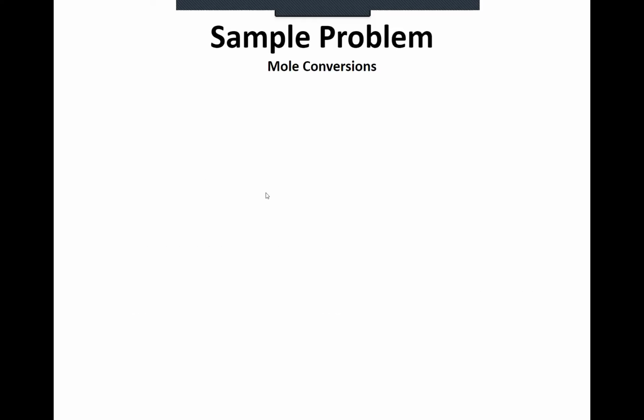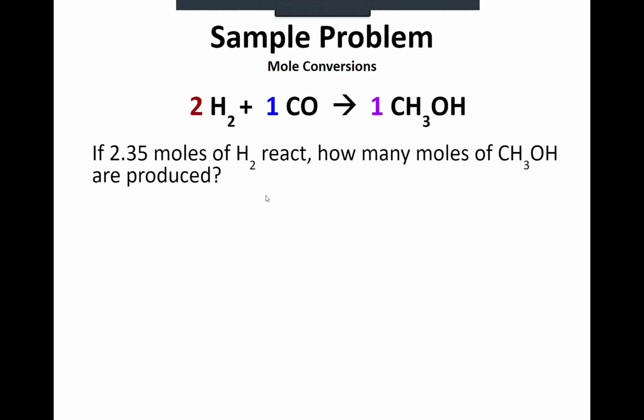Let's start with an easy one. Here's that same balanced equation from before. If 2.35 moles of H2 react, how many moles of CH3OH are produced? We know from the balanced coefficients in the equation that for every 2 moles of H2 react, 1 mole of CH3OH is produced.